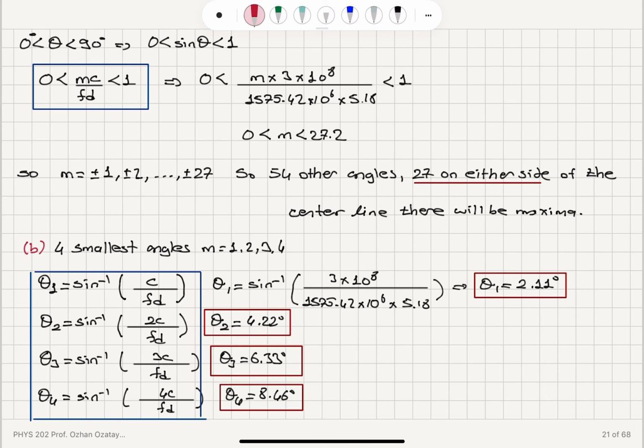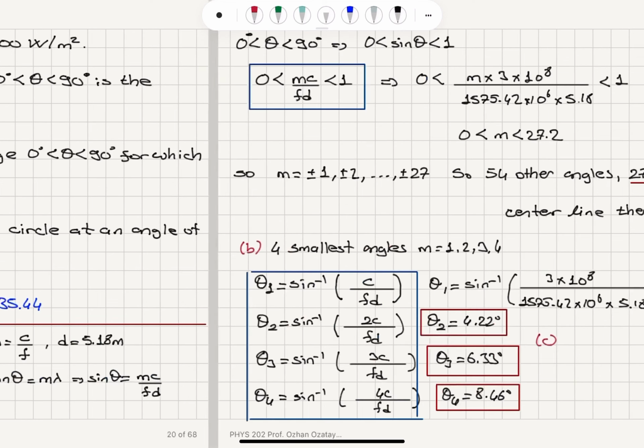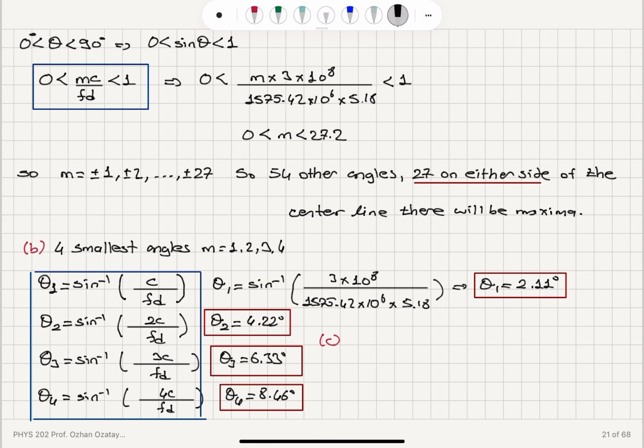Now in part C, I want to find the intensity at a certain angle, 4.65 degrees. Now, what is the intensity distribution in Young's double slit experiment?